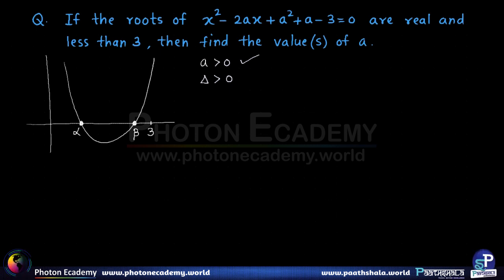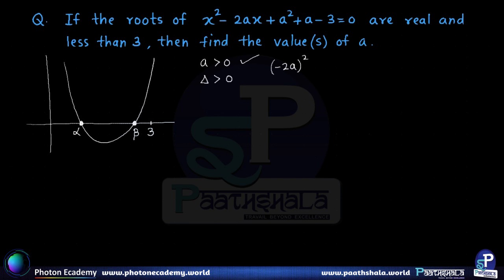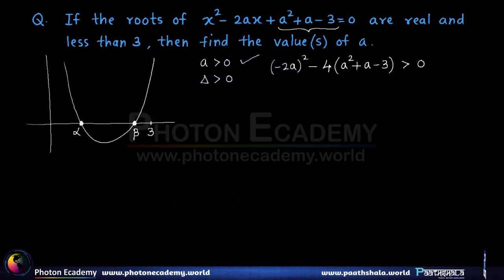Now discriminant is b square minus 4ac as per the original formula. So here we have minus 2a the whole square minus 4 times a square plus a minus 3, which is the constant term. This whole thing should be greater than 0.